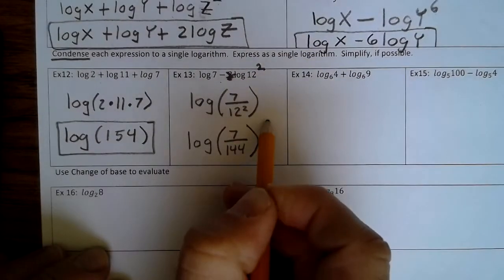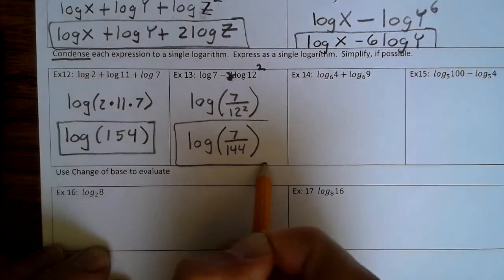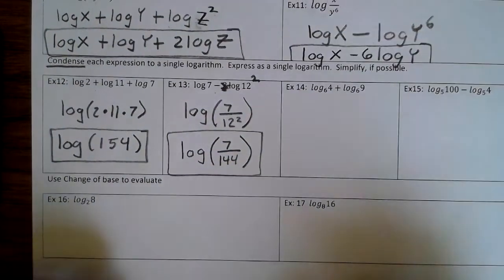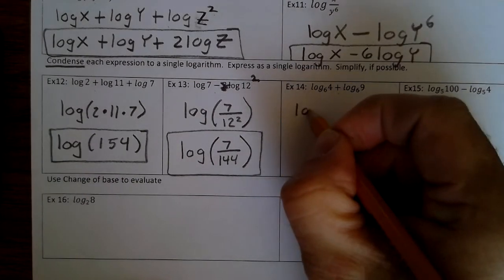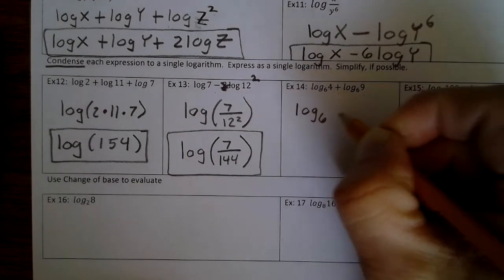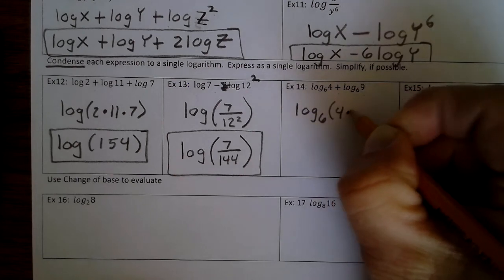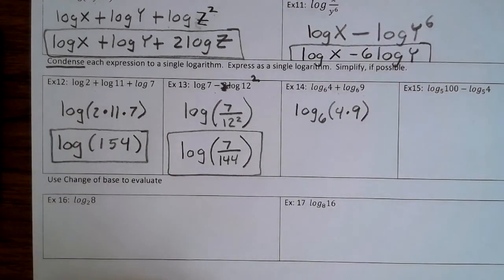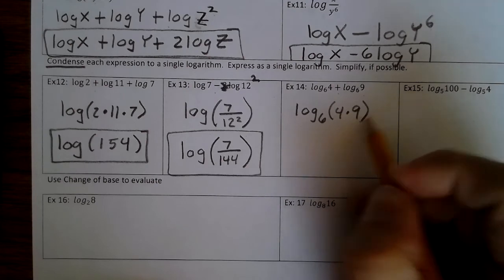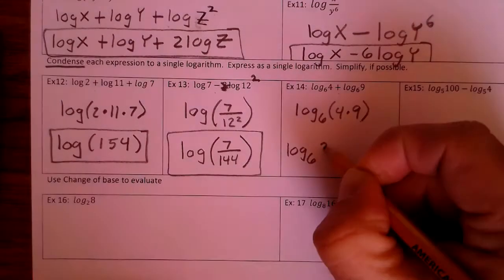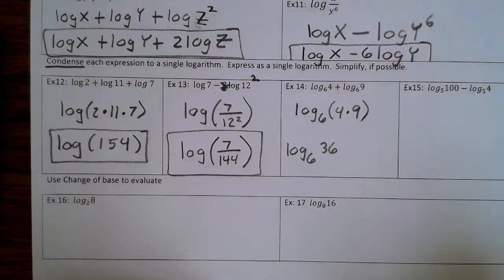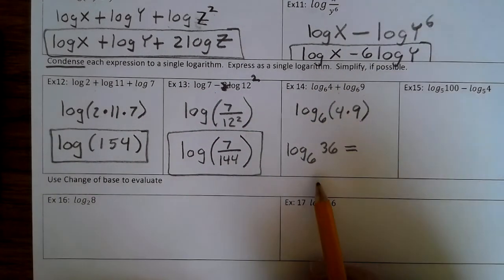Again, addition is multiplication, so this is log base 6 of 4 times 9. But we know 4 times 9 is 36, so that's log base 6 of 36, which equals, you ask yourself, 6 to what power equals 36? The answer to that is 2.